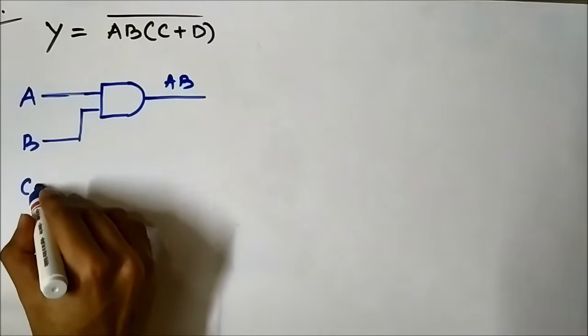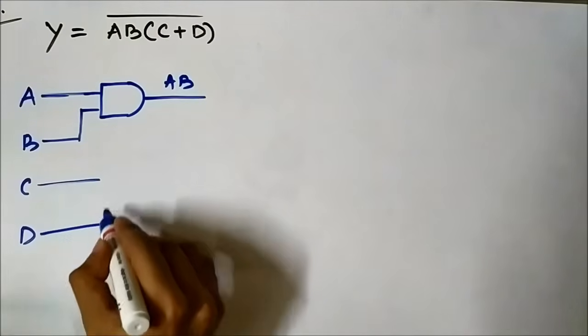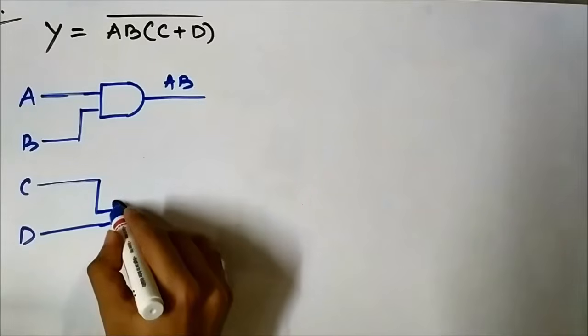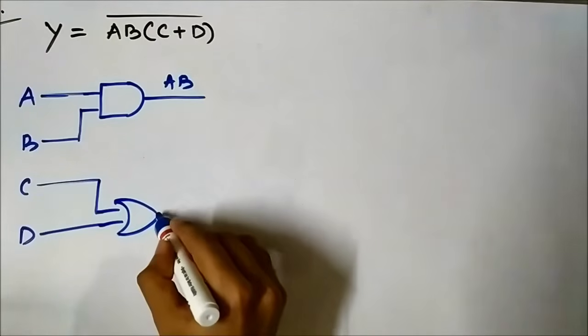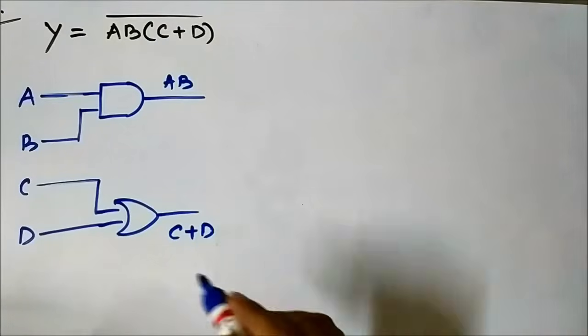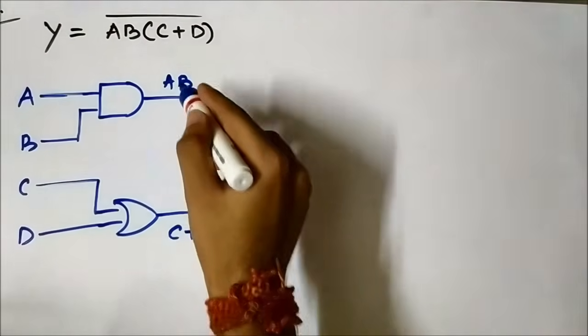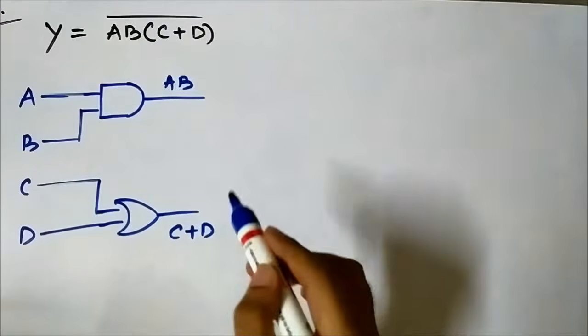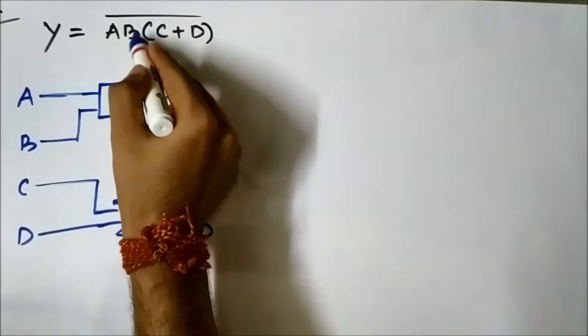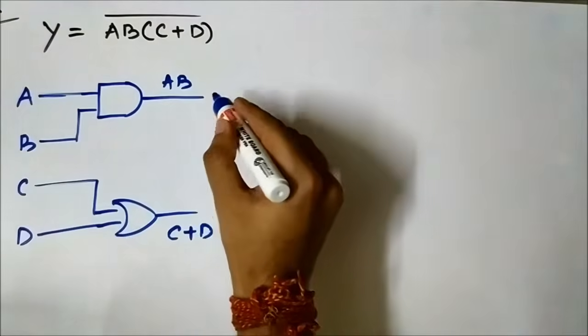Then C and D to a 2 input OR gate to get C plus D. So we got AB and C plus D. These two signal levels are ANDed together, they are multiplied.